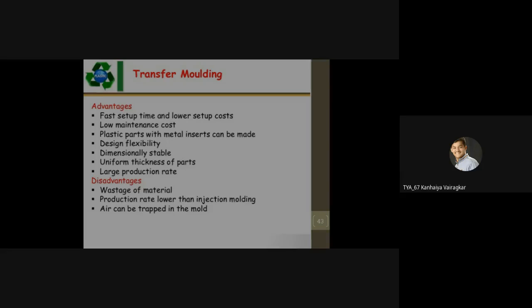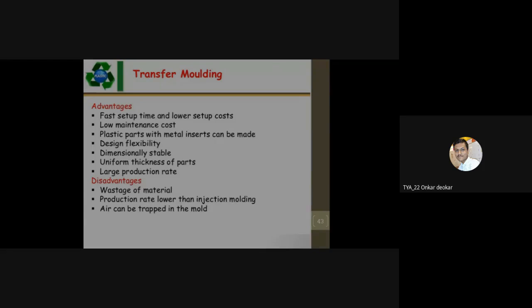Okay, what is happening in the compression molding? When we are applying the pressure on the raw material, you cannot ensure that an equal amount of pressure is applicable for each and every point.